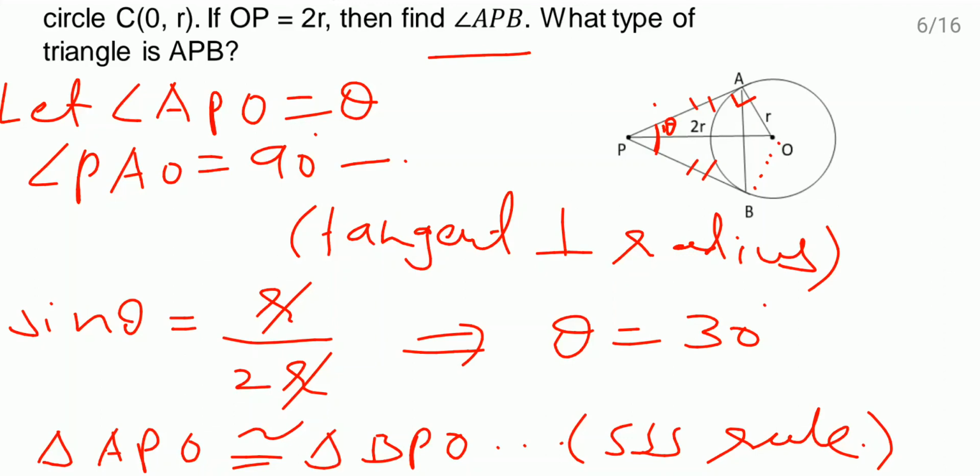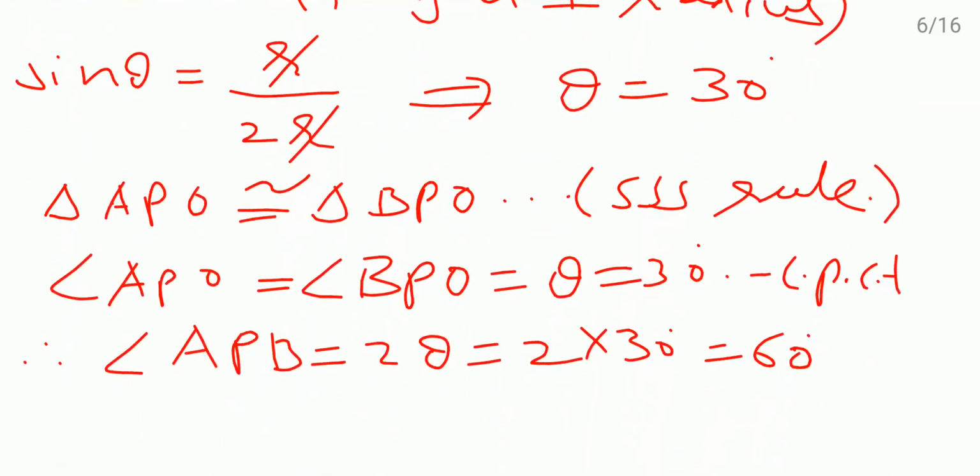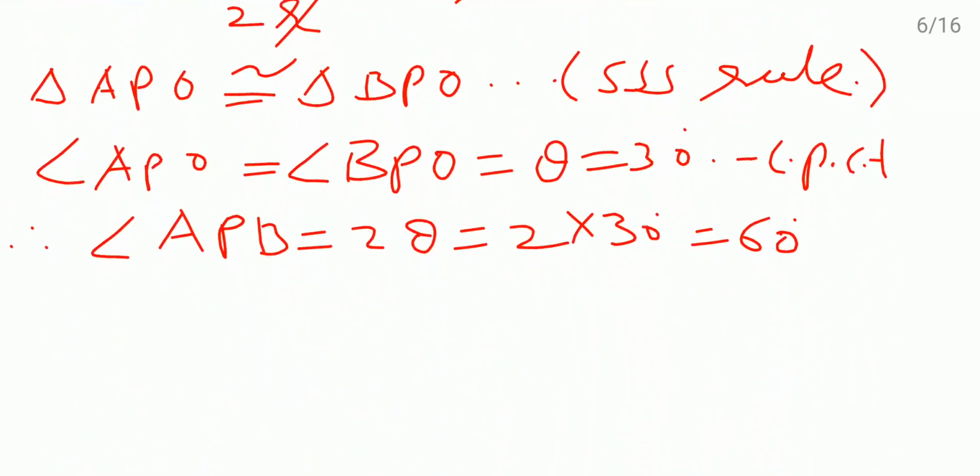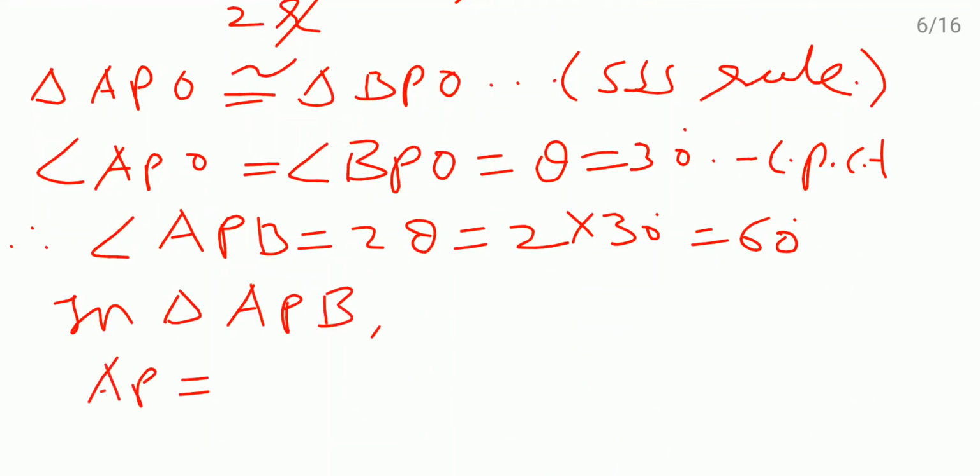Angles opposite to equal sides. So here we'll write down in triangle APB, here AP is equal to PB. Therefore, what is that? Tangents from the exterior point.